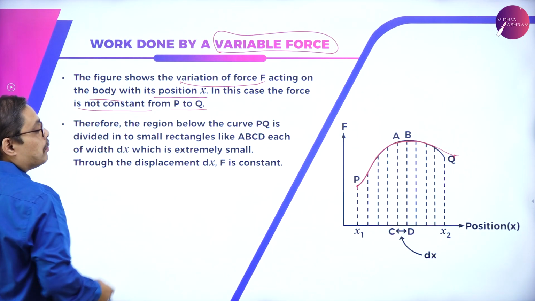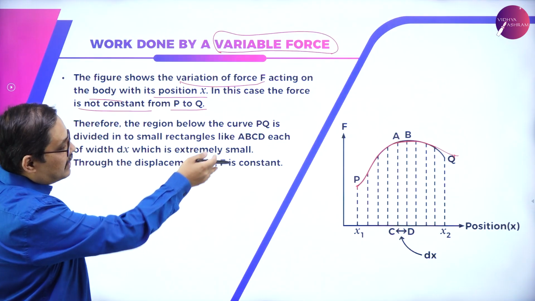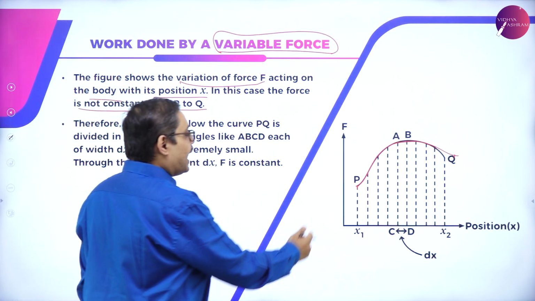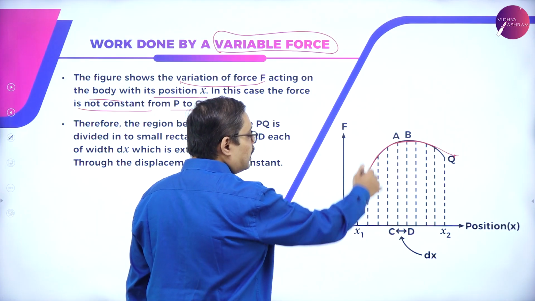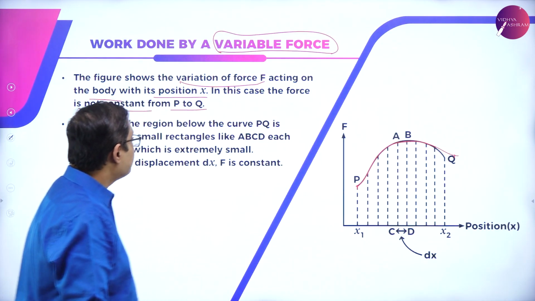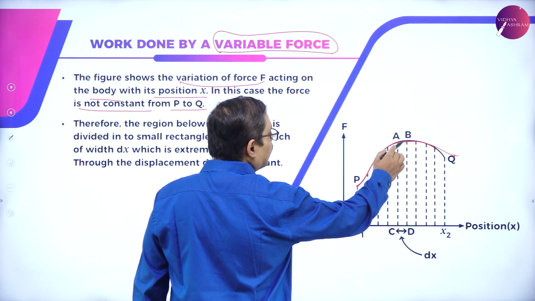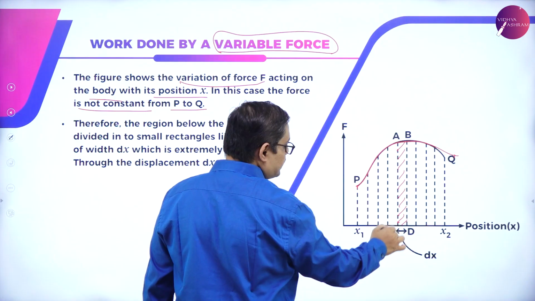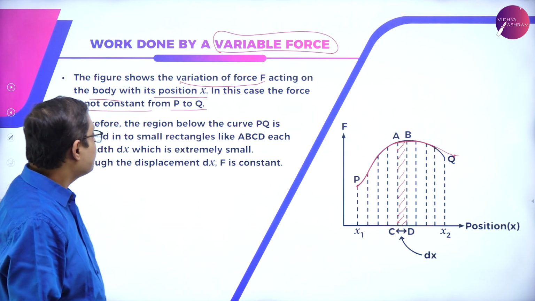We already know that. But how do I calculate that area? It is not a standard geometrical figure. What have I done? I have divided it vertically into a number of rectangle-like figures. Let me take one of them. I have named this rectangle ABCD.